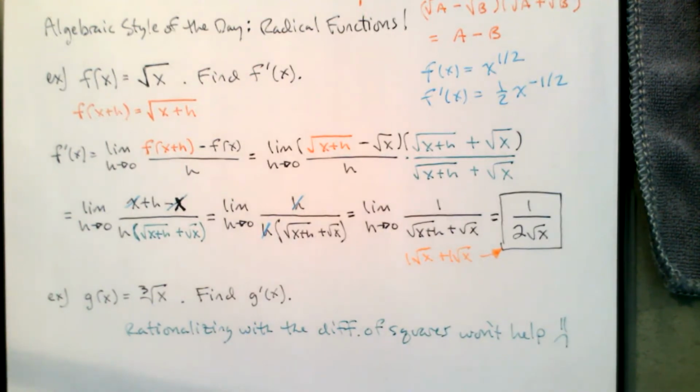Rationalizing with the difference of squares is not going to help because we're going to need cubes to get rid of a radical with an index of 3, a 1/3 power. We're going to need the difference of cubes to rationalize this.